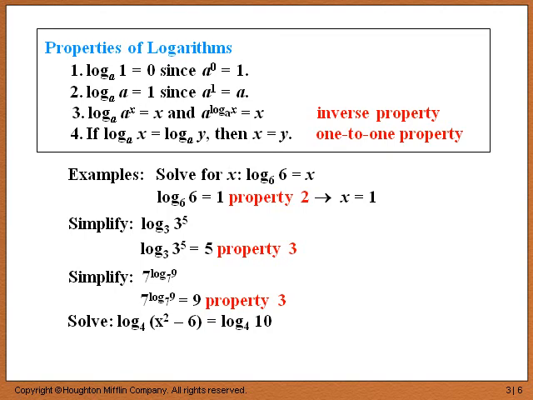Now solve this equation: log base 4 of x squared minus 6 equals log base 4 of 10. Pause the video, do it on your own, and then resume. You should have gotten x squared minus 6 equals 10, using property 4, the one-to-one property, and therefore x equals plus or minus 4.